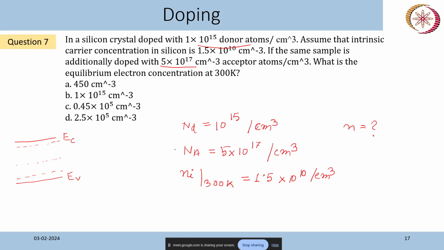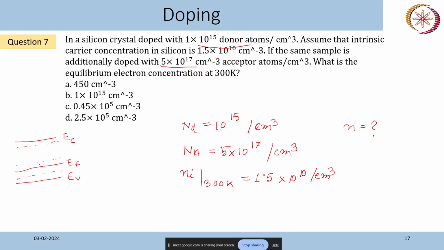Here hole concentration is more compared to electron concentration, right? So the Fermi level will lie somewhere here. I don't know the exact value, because overall it behaves like a p-type.